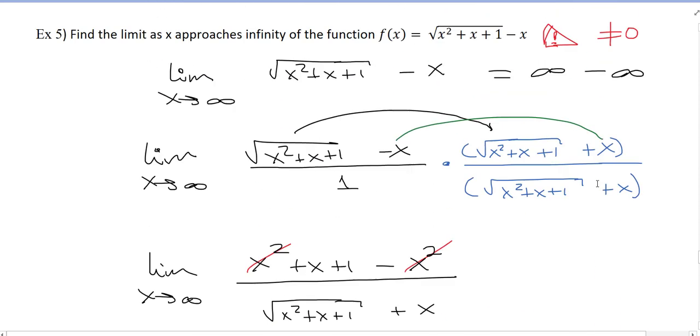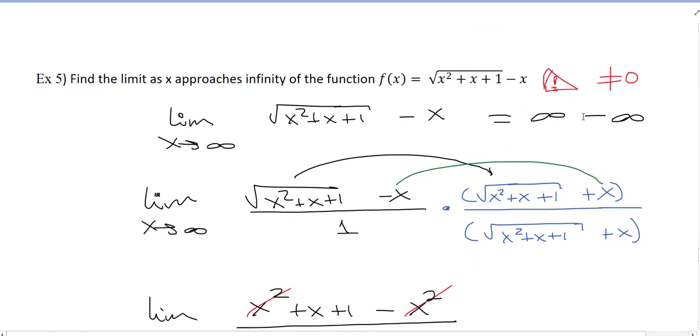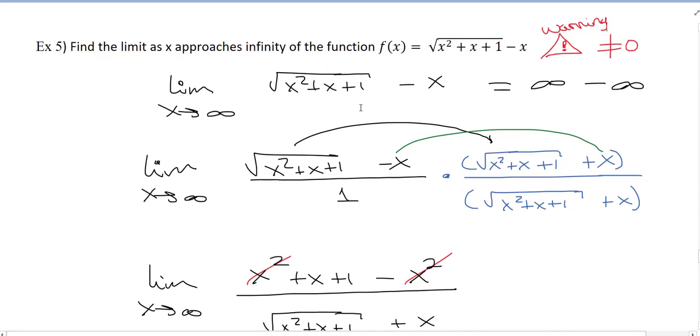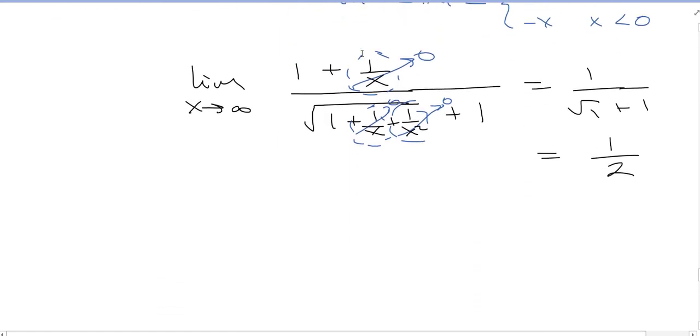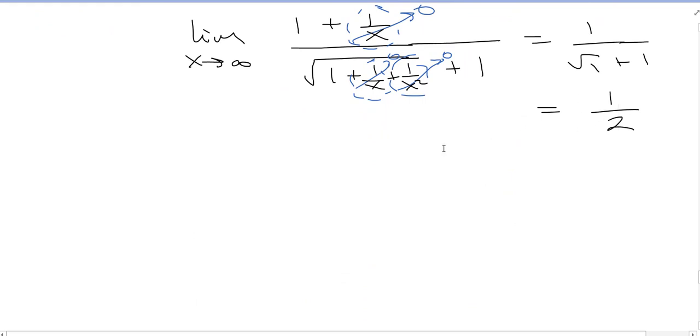So remember, we started with infinity minus infinity. So my warning here was that infinity minus infinity is not necessarily 0. So this is my warning. Okay. And in this case, notice that for this limit, infinity minus infinity is 1/2.